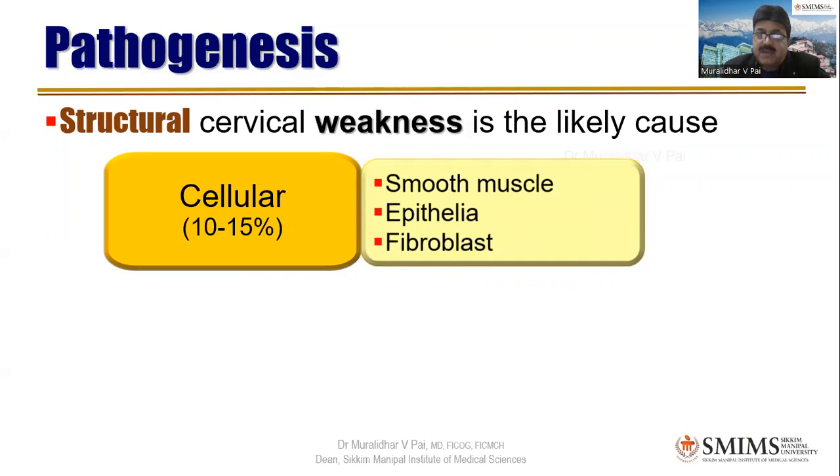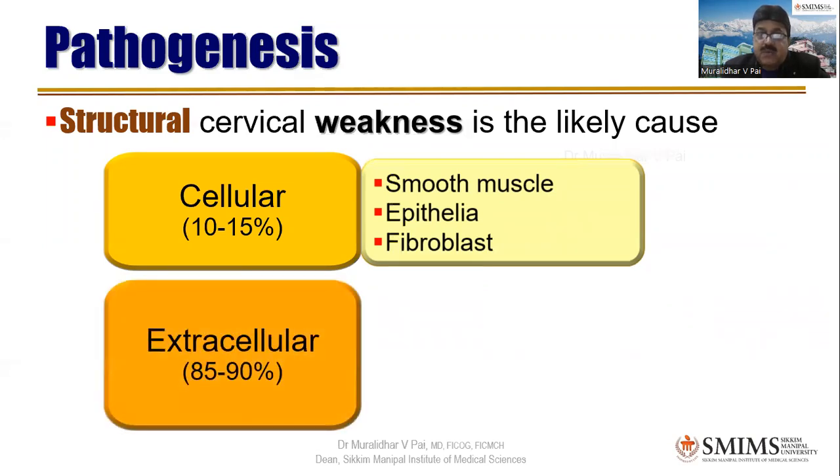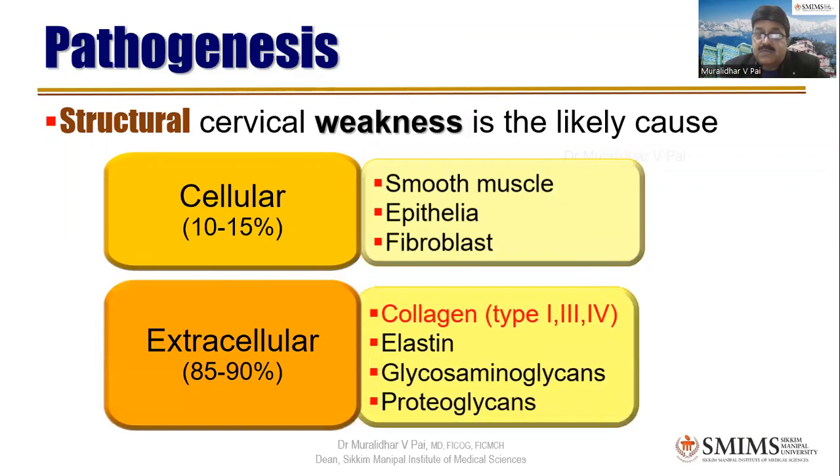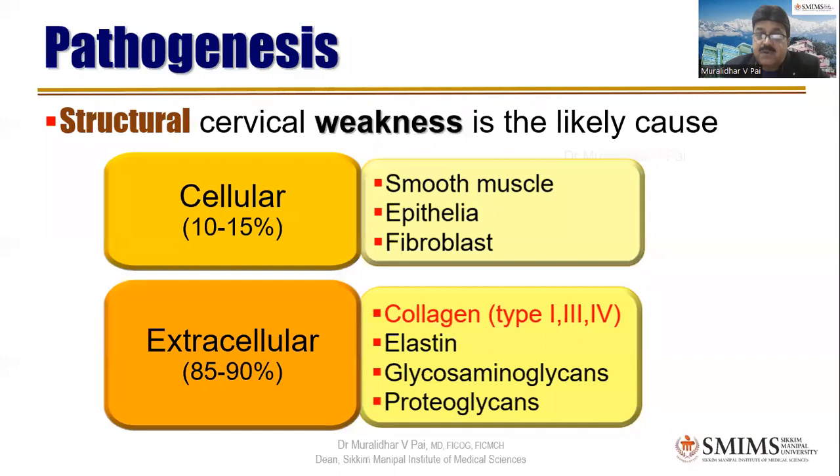Note here, smooth muscles come under this 10 to 15% only. So not much of contraction and other things going on here. Whereas extracellular, 85 to 90%, consists of collagen type 1, 3, 4, elastin, glycosaminoglycans, and proteoglycans.